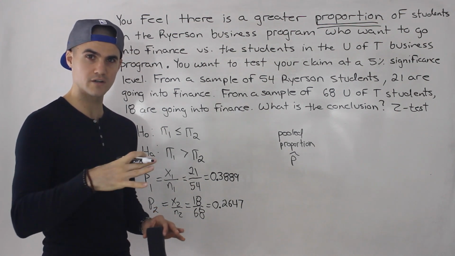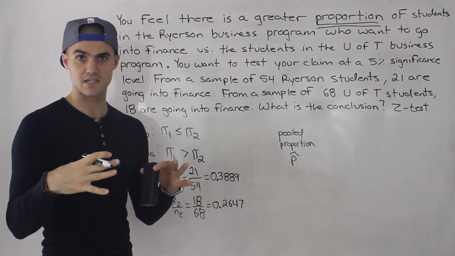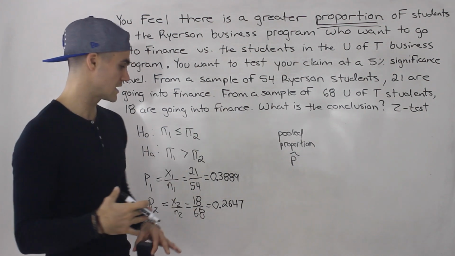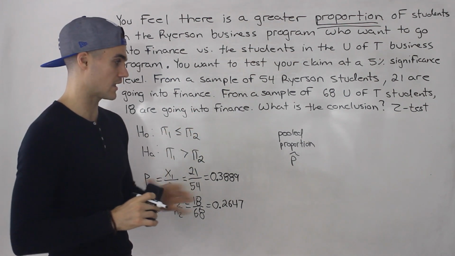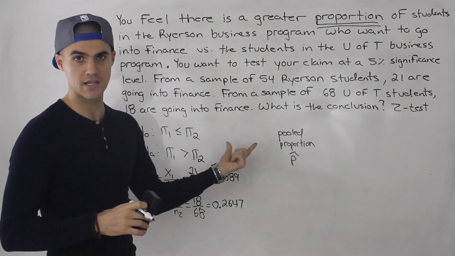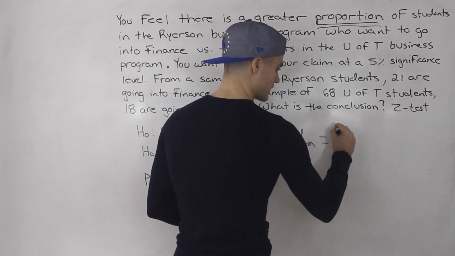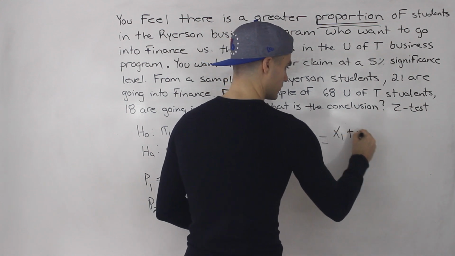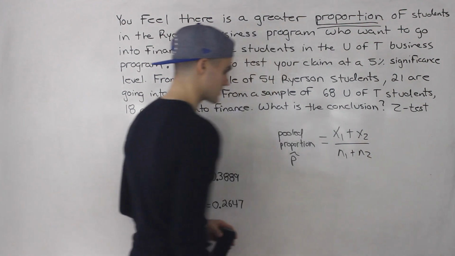Remember when we did a pooled variance t-test, we had to pool the variances together from both samples. Same thing with proportion. We have to pool them together in a certain calculation, and then that P hat we're going to be using in the test statistic calculation as well. And the formula for it, it's very simple. It's just x1 plus x2 over n1 plus n2.